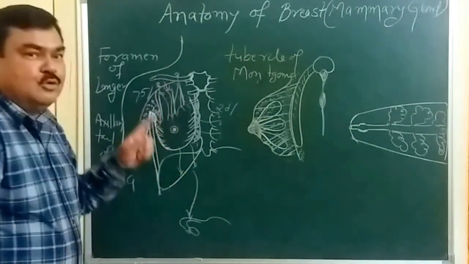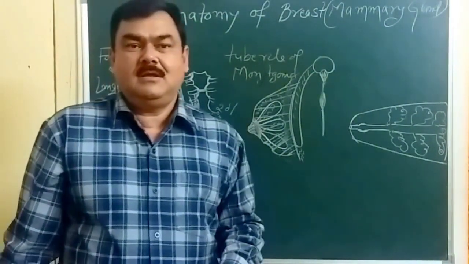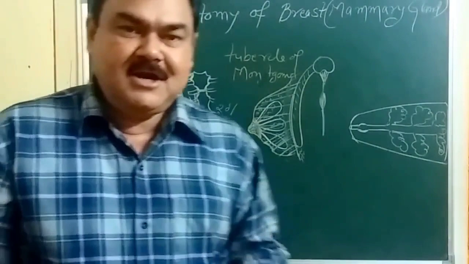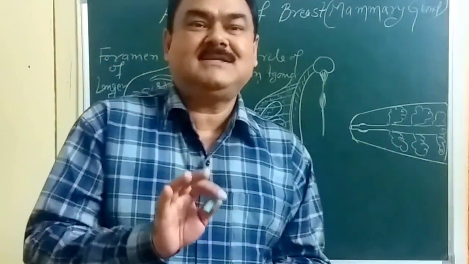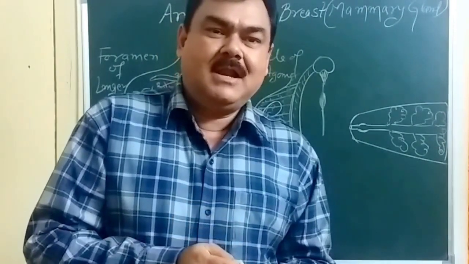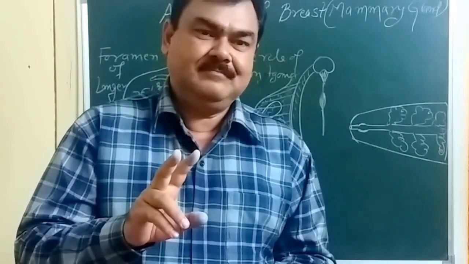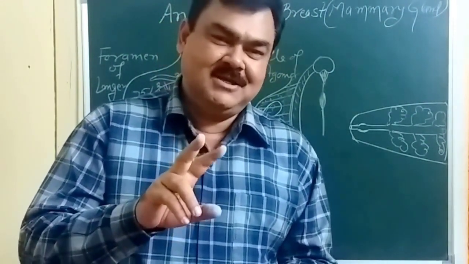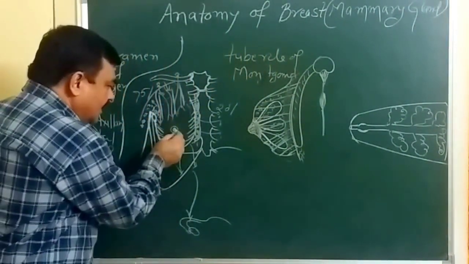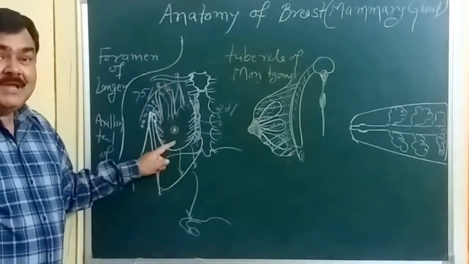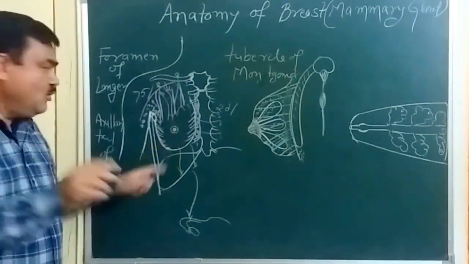So these are the lymph nodes involved, related with the breast. Now lymphatic channels are in two sets, superficial and deep. Superficial lymphatics drain the skin except the nipple and areola.